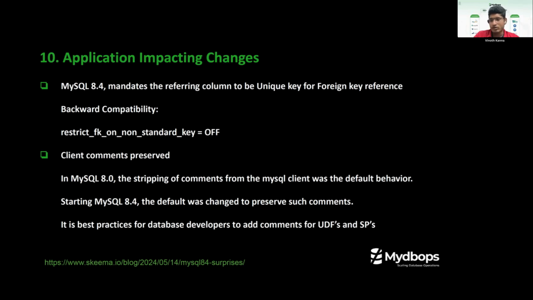And I strongly feel this can be one of the breaking changes in applications because people are not used to designing in that way. So if you want to follow best practices, you have to change your database structures. But if you want to migrate now and take that up later, you have a variable to turn it off.